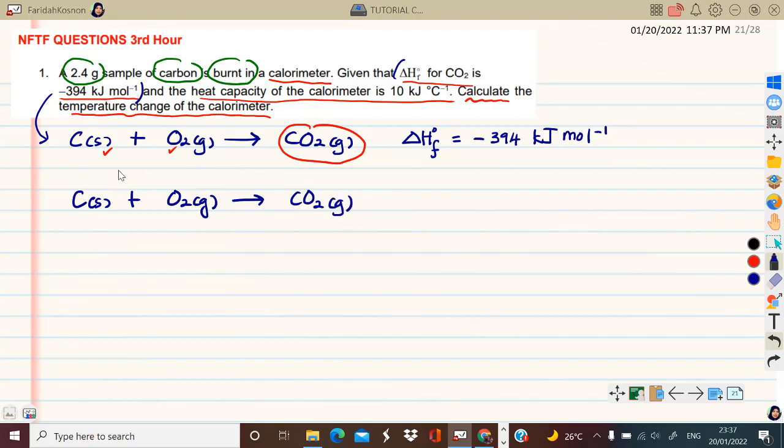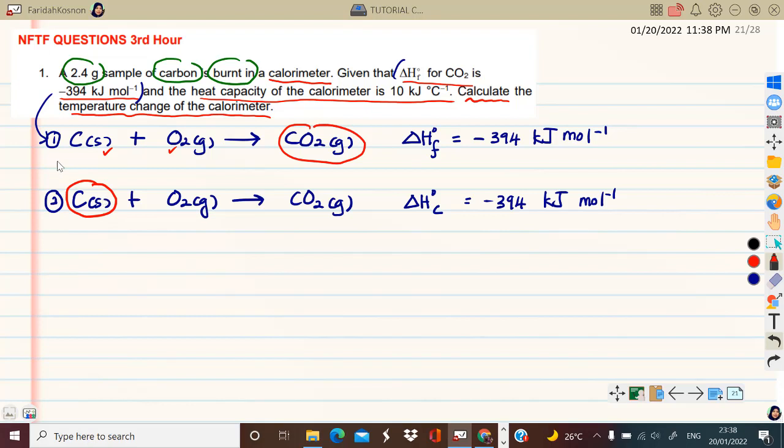If you look at the first equation and the second equation, in terms of reactants and products, they are stoichiometrically the same; the stoichiometric coefficients are the same. The only difference is that the second equation shows the standard enthalpy of combustion. So equations 1 and 2 are the same, and the value is also negative 394 kilojoule per mole. The second equation shows the heat released when 1 mole of carbon solid is completely burned in oxygen gas.